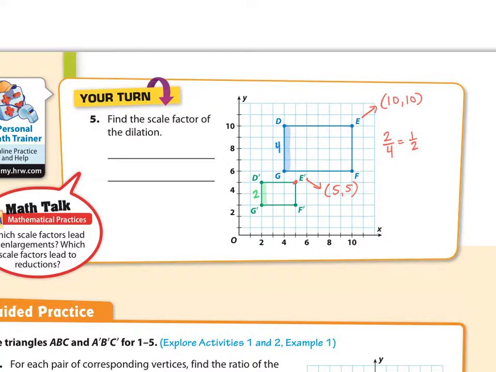So I'm really doing the image divided by pre-image, which means if I'm just going to focus on the x coordinates, the image is 5, the pre-image is 10. And notice I get the same number. So my scale factor is 1/2. Okay, the work that I did here on the side, I showed 2 different ways. You don't always have to do that. It's a good way to check your answer though, if you do know how to find it multiple ways. But this is almost like justifying my thinking, showing my work and how I got the 1/2. So be sure to do that when you're practicing this and going through your homework problems.